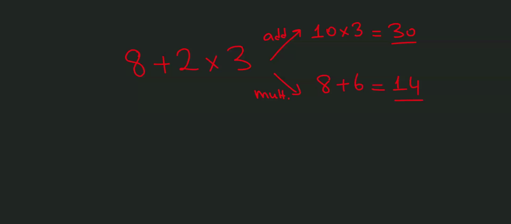So to remember the order of operations in algebra, there is a famous abbreviation which is called PEMDAS. P stands for parentheses. E is exponents.